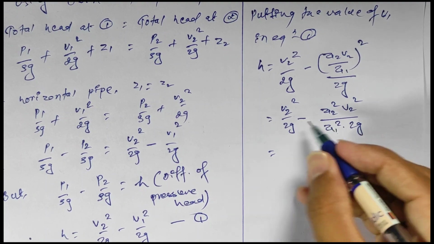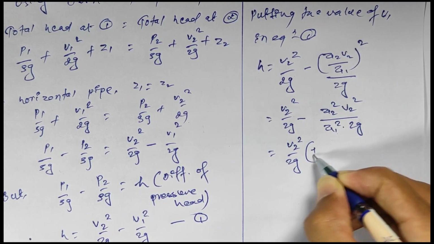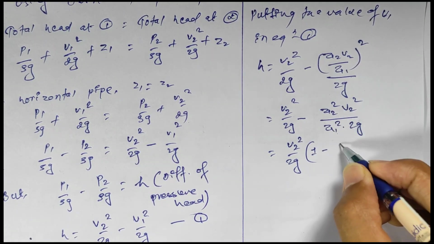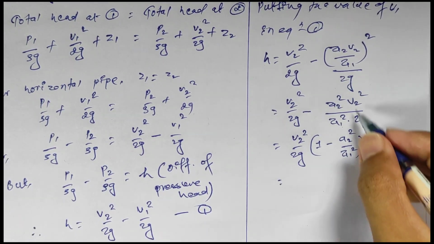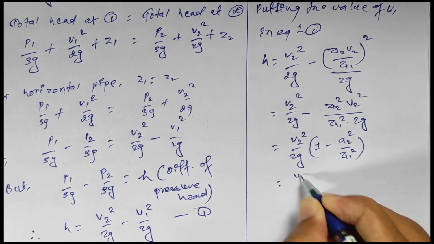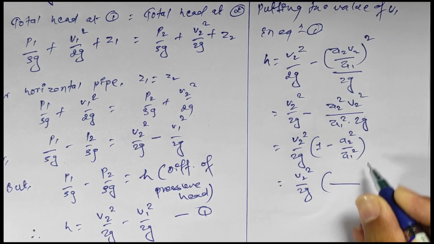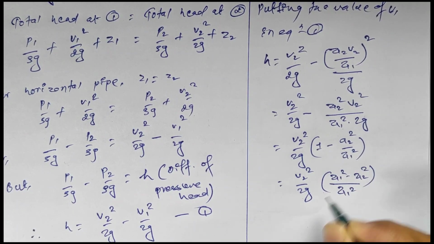So let us take the common, V2 square by 2g. Here remains 1 minus A2 square by A1 square. Now, V2 square by 2g, let's take LCM A1 square. So, A1 square minus A2 square.